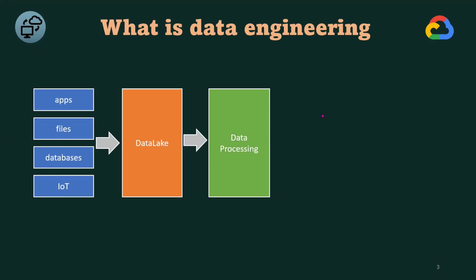Why are we doing the processing? The data that we get from the data sources may not be in a directly usable format, so we add some value to the data by doing some kind of processing on top of it. That is what I call data processing.